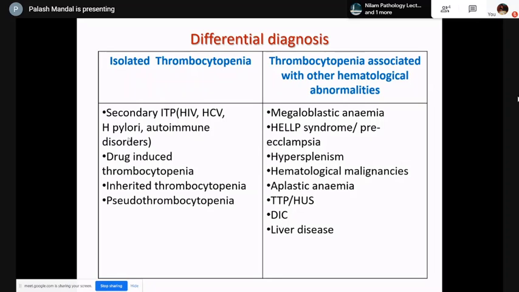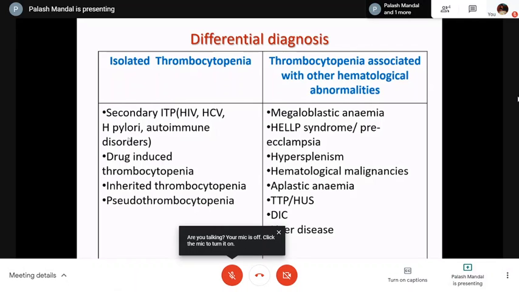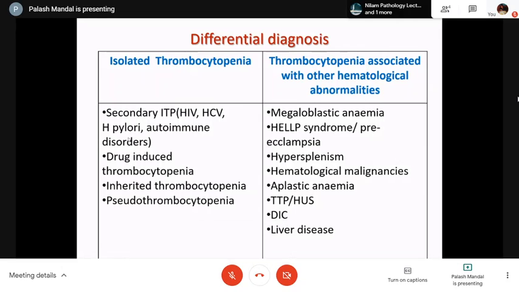And the thrombocytopenia, which is associated with other hematological abnormalities, I was telling you, should be isolated thrombocytopenia. There can be anemia, but there should not be megaloblastic anemia, because megaloblastic anemia itself, due to vitamin B12 and folic acid deficiency, leads to a reduction in the number of RBCs, and not only RBCs, WBCs and platelets as well.